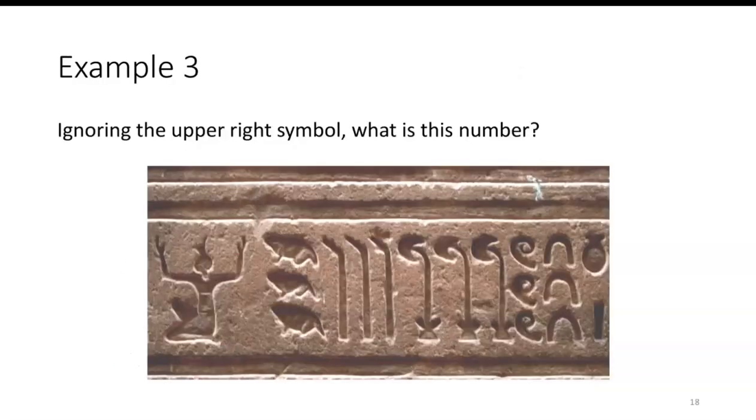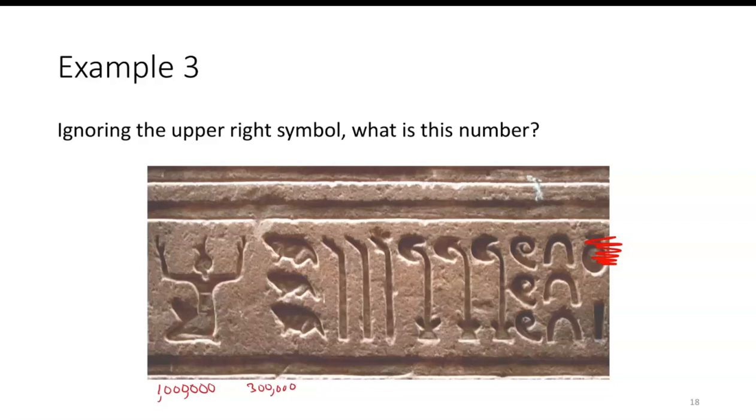Ignoring the upper right symbol, so let's kind of ignore this one right here. What is this number? Well, the man in awe, or the amazed man, is 1 million. And then 3 frogs is 300,000.